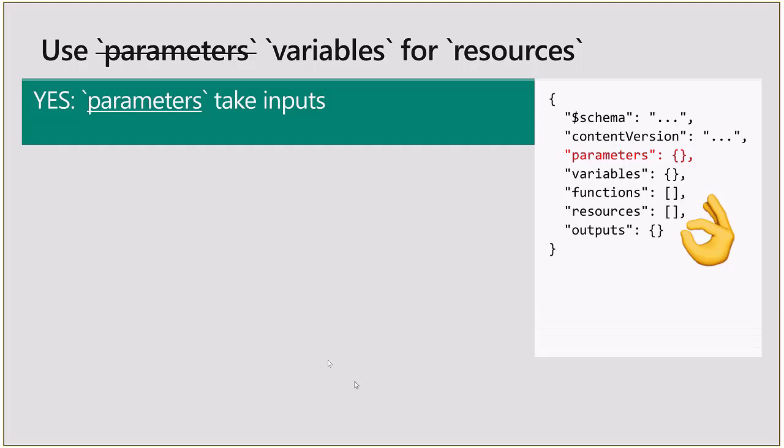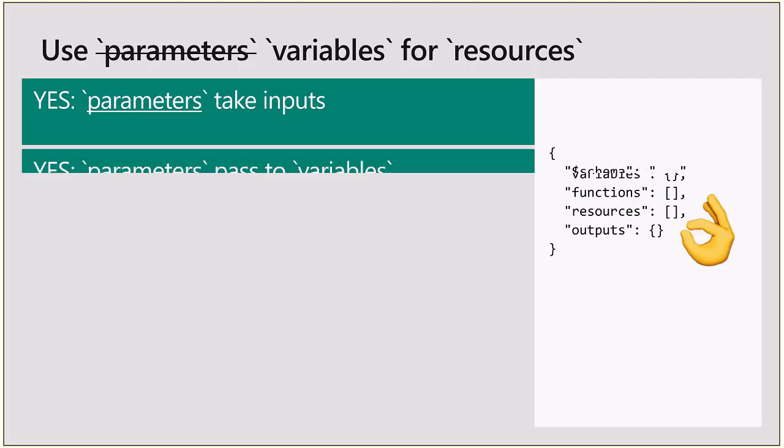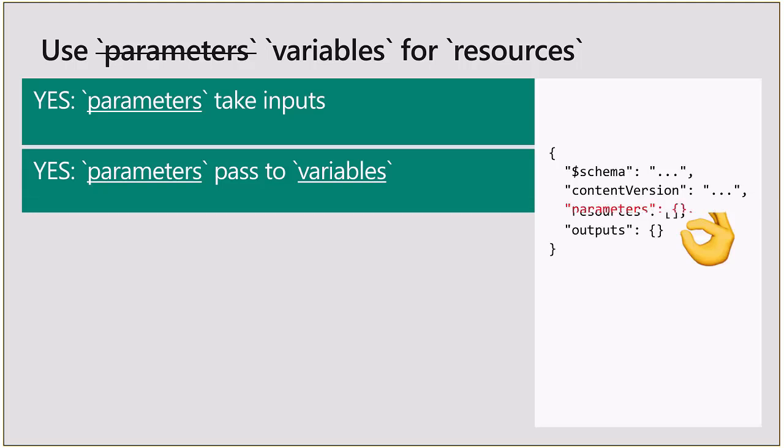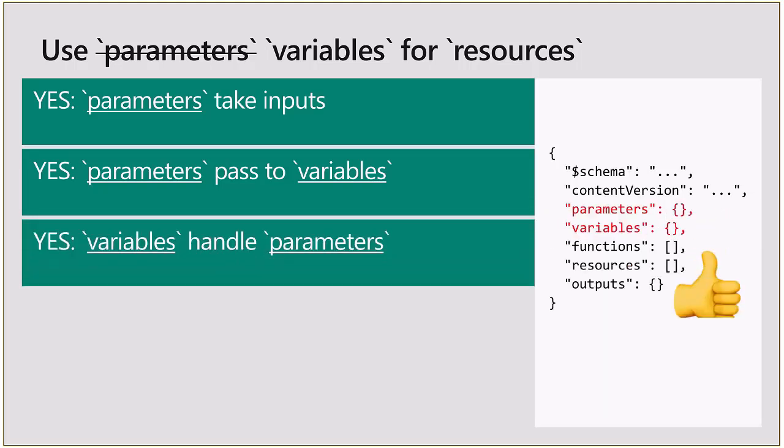The parameter values should be passed into the variable section to manipulate all sorts of other values, which should be used by resource definitions. So as I said, we shouldn't use parameters for your resource definition.